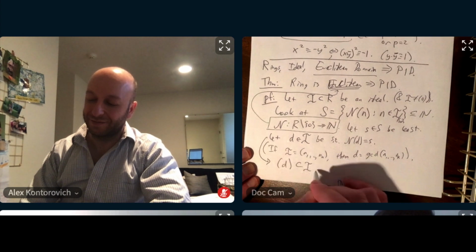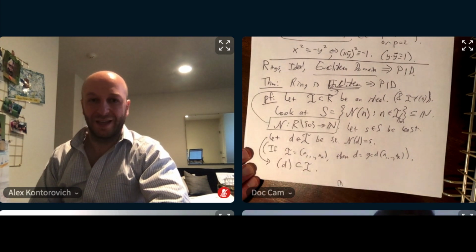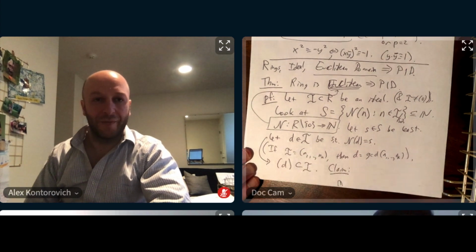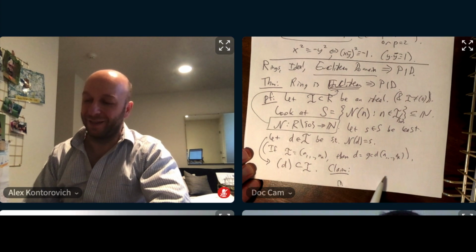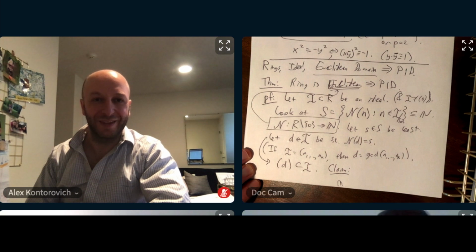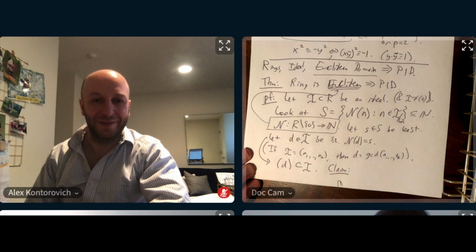And what's my claim? Give me a thumbs up if you know exactly what I'm about to write, which will finish the proof that the ring R is a principal ideal domain.